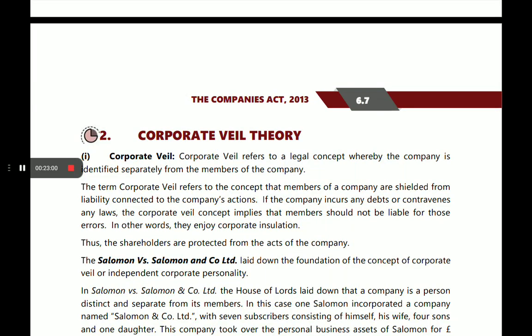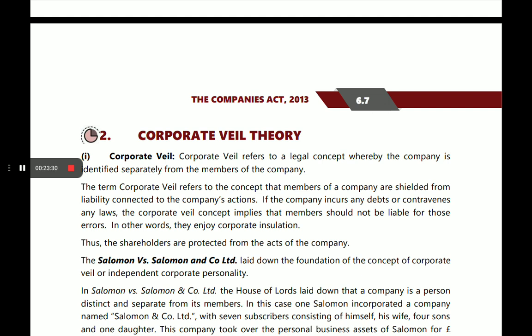Corporate veil theory. Corporate veil refers to a legal concept whereby the company is defined separately from the members of the company. The term refers to the concept that members of a company are shielded from liability connected to the company's actions.